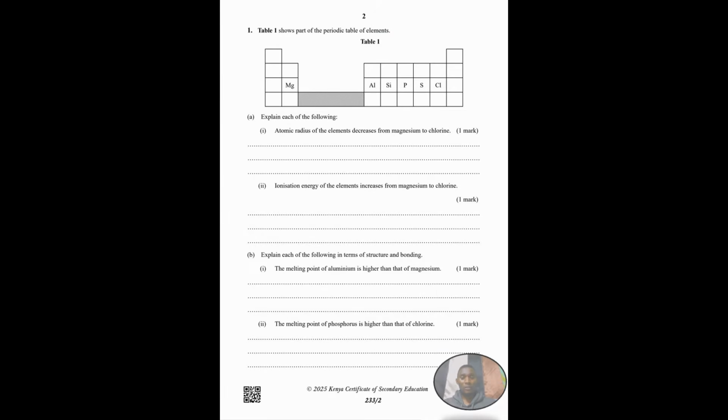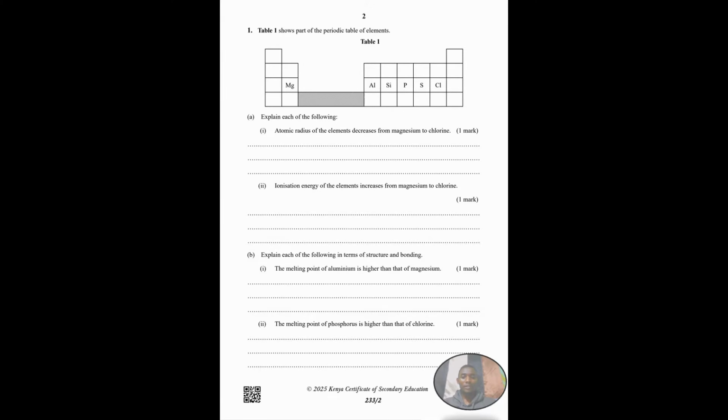So starting the first question, Table 1 shows part of the periodic table of elements. So we have Table 1 with us here. The table shows part of the periodic table.